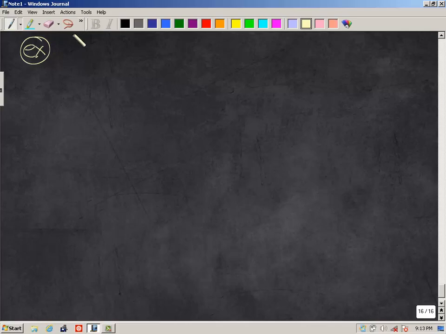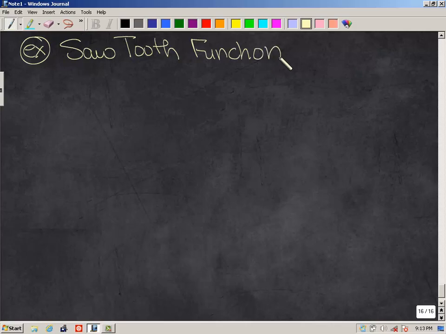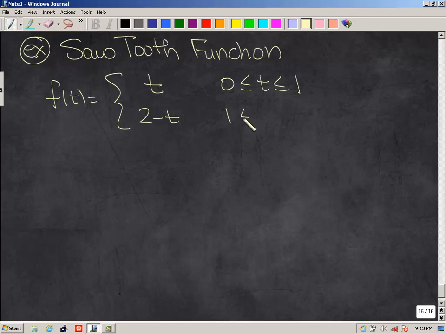Okay, so let's take a look at another classic example. This is called the sawtooth function. It looks something like this. We have f of t is equal to t if t is between 0 and 1, and it's equal to 2 minus t if t is between 1 and 2.